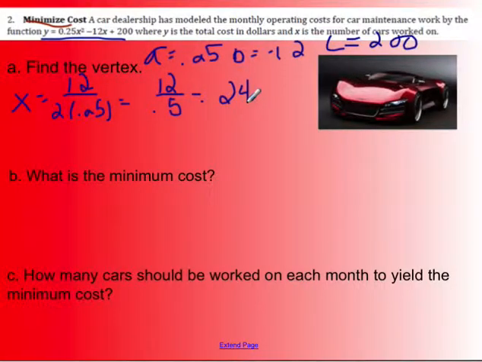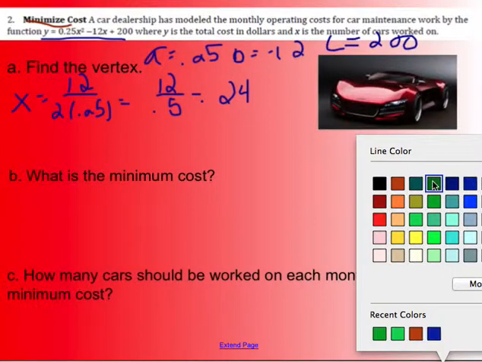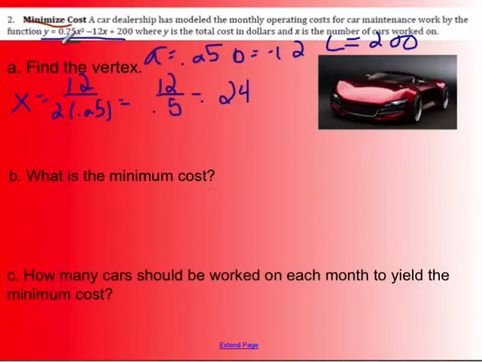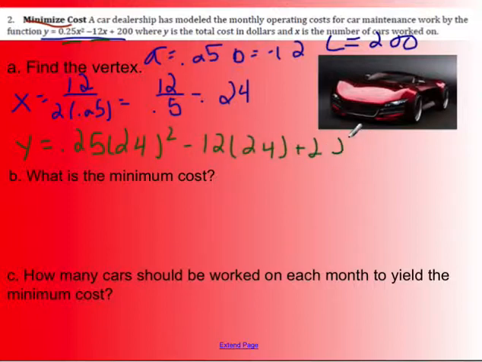So the x coordinate of my vertex is 24. Wherever I see an x in this original equation, I'm going to plug that in to get what my y is, because all part A is asking for is that vertex. So I'm removing x and putting in 24 wherever I see an x. And when you plug that in, you end up getting 56. So my vertex is (24, 56).